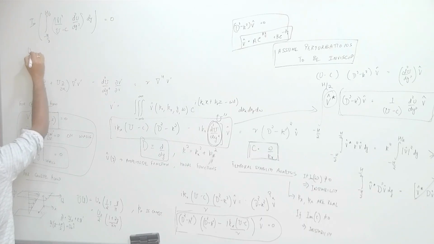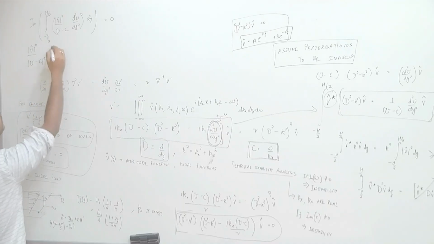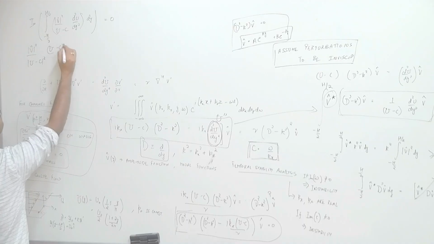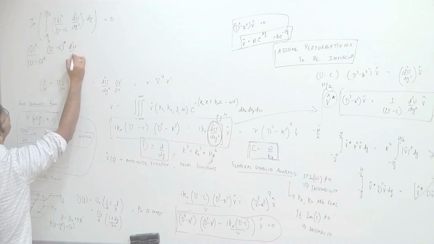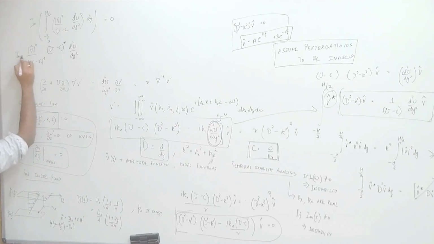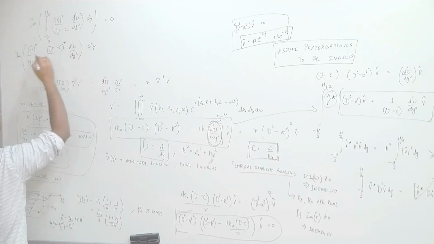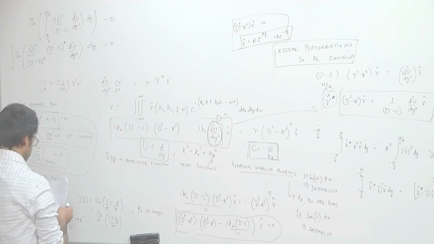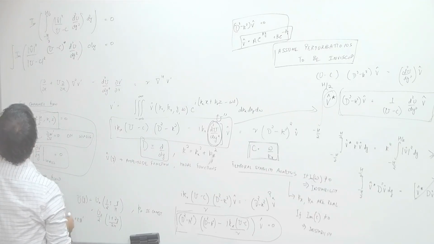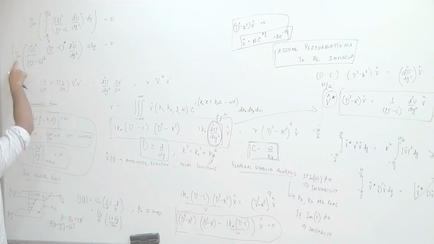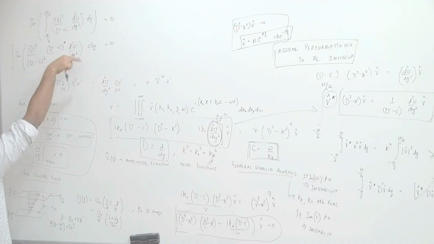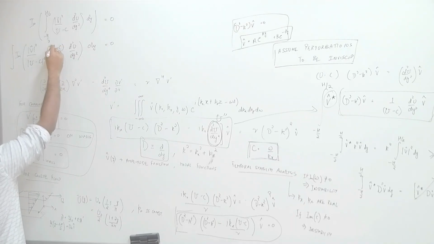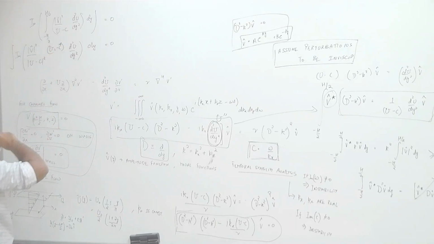So, what will I get? Mod v hat square by mod u minus C square into u minus C star d2u over dy square, imaginary of this whole thing integrated equals 0. What is the imaginary of this whole thing? So, u minus C star is nothing but u minus C of star.